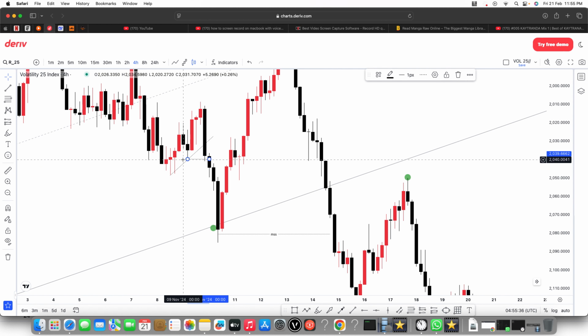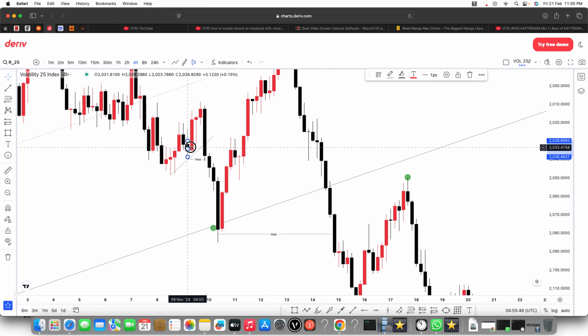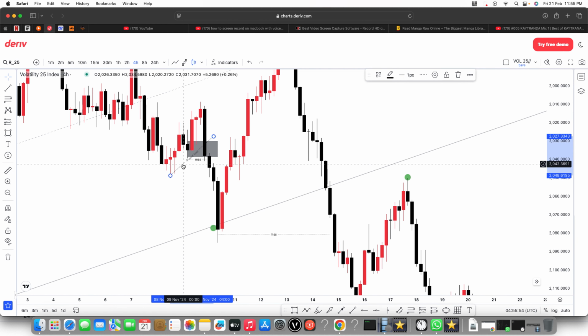The reason this is a market structure shift is because if we have an uptrend, according to how the formula works, this should have been an area of demand, and the market should have pulled back in here and continued buying because this is an uptrend.